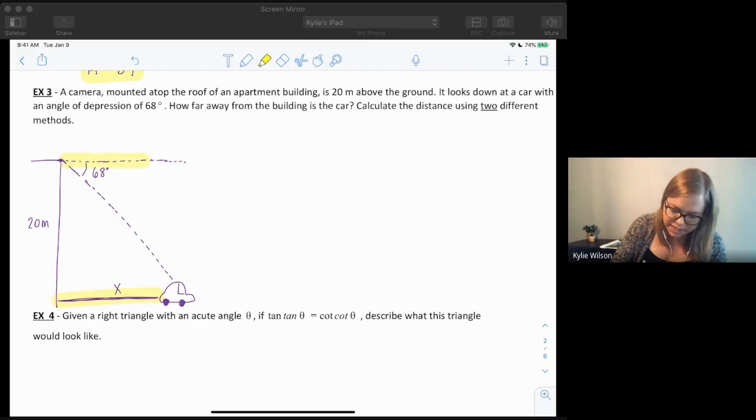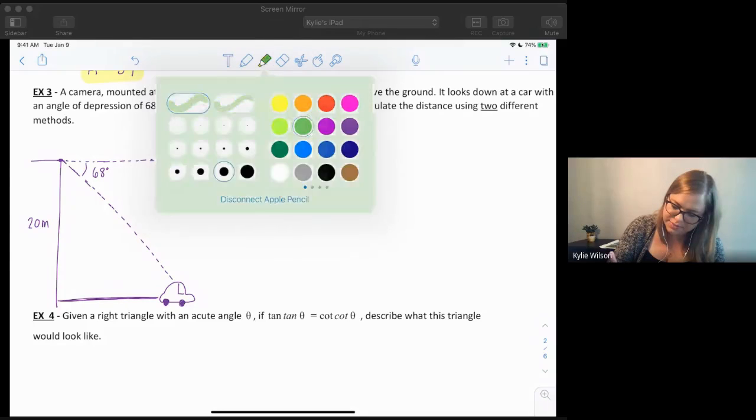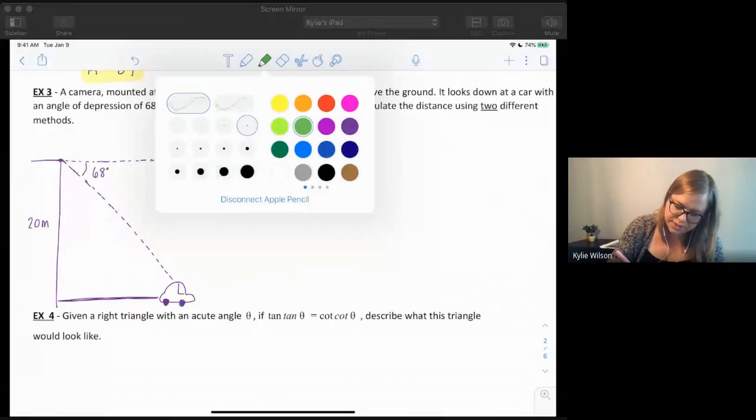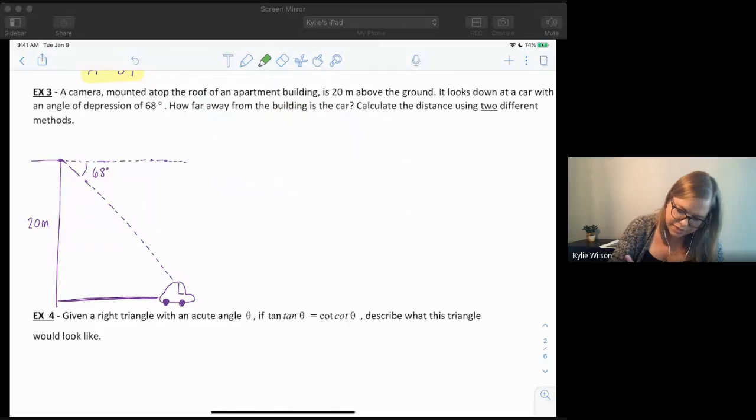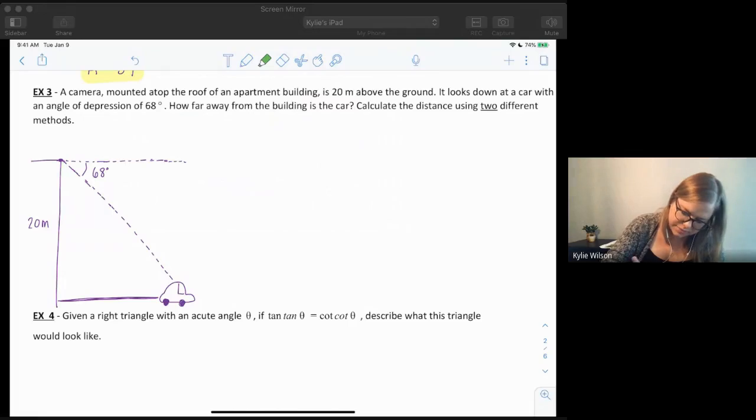That same length is also up here. So let's try to set this up into two different triangles because we need two different methods. So the first thing I'm going to do is I'm going to outline my first triangle. So here's my first triangle.